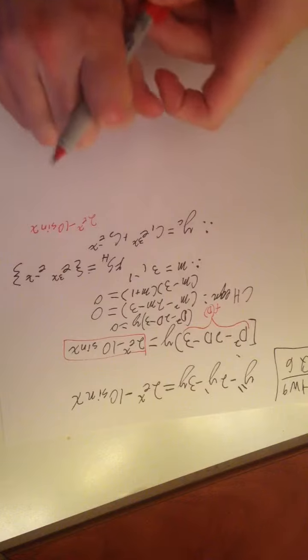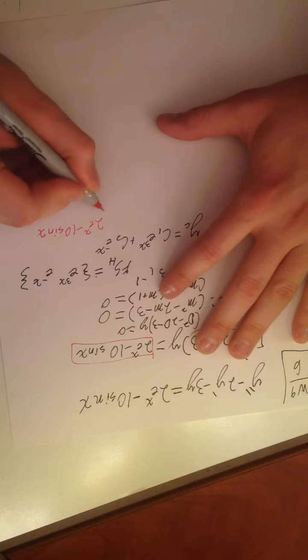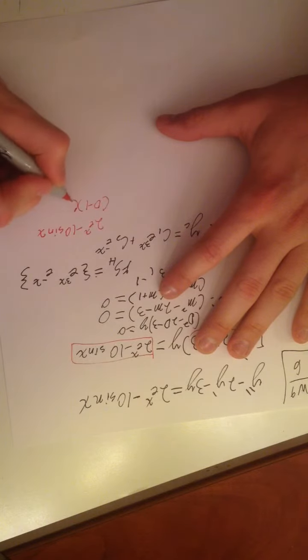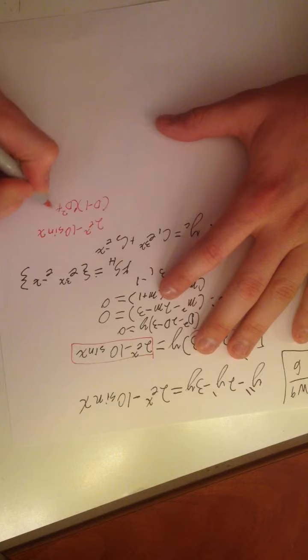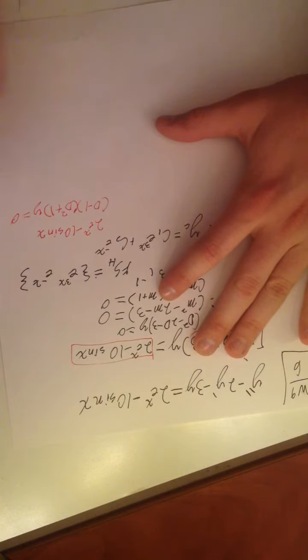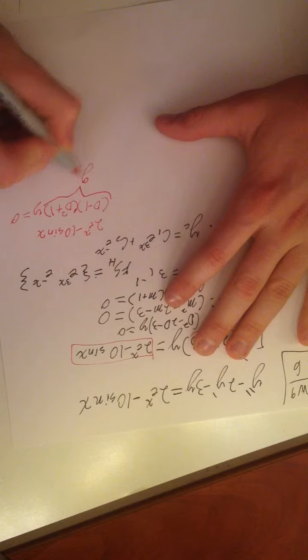We find the annihilator of this function, which gives us (D minus 1)(D squared plus 1) times y equals 0. Therefore, that is our G of D value.